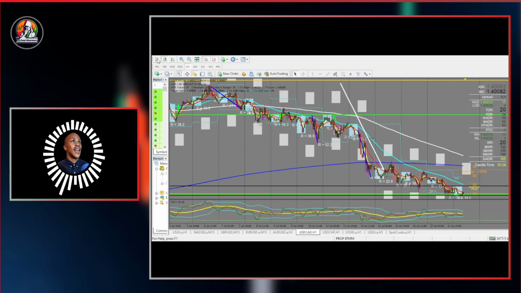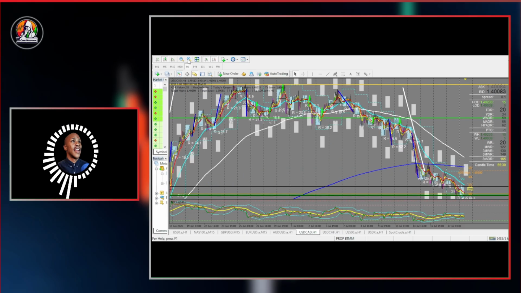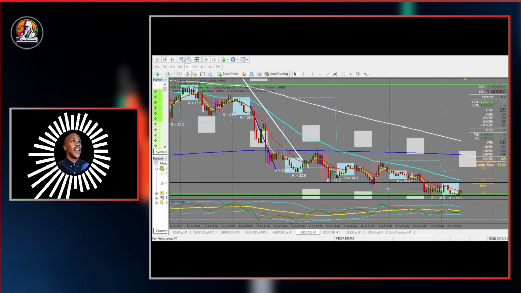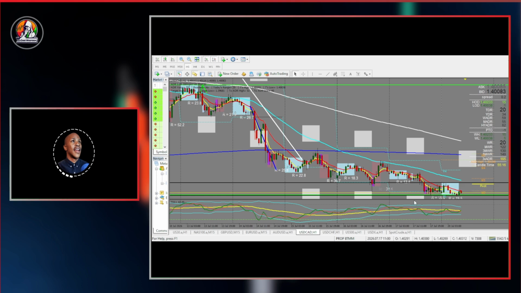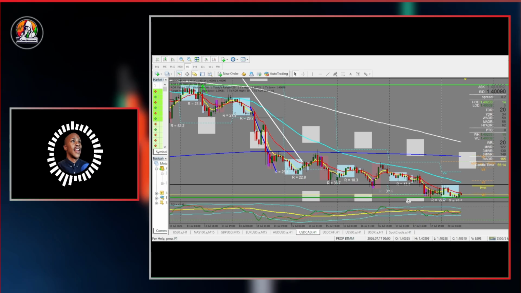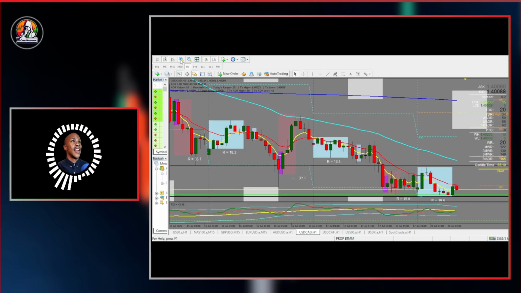But I do expect some drops, so a reversal here eventually. Dollar CAD also has been dropping for quite a while. 3 levels completed and then some. I don't like that from a level point of view. I want to go long. I'm not necessarily a fan of going opposite when it comes to the dollar, but I am open to taking a long here because the level count suggests it.